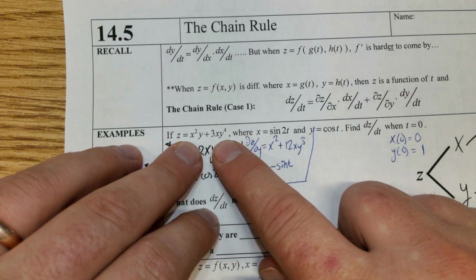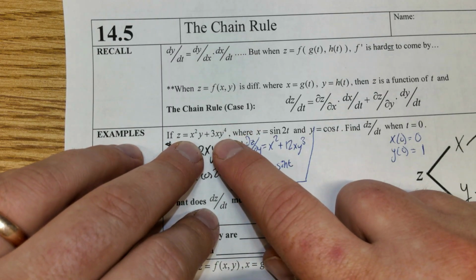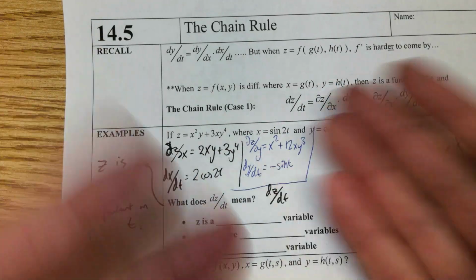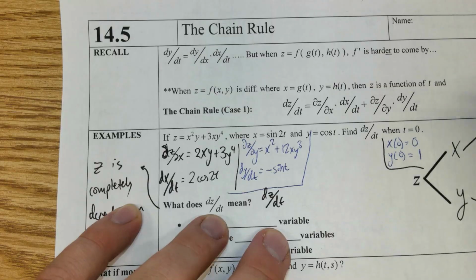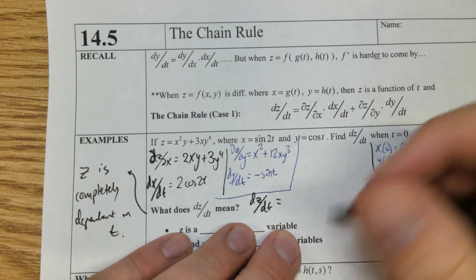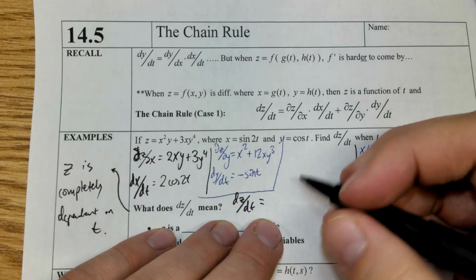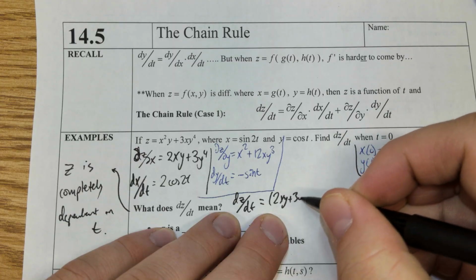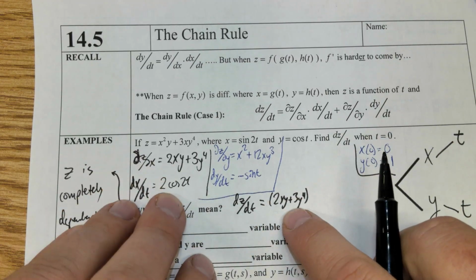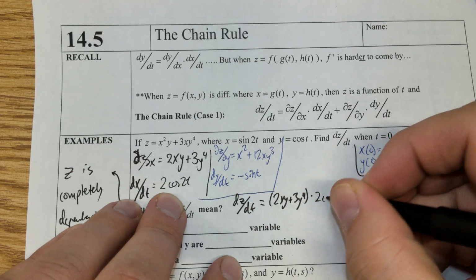So this function of z would only be based in t. And then just take this ugly chain product rule combination to get me to what dz dt is. Again, generally when I do this, I'm going to start it looking like this: 2xy plus 3y to the fourth, and then I'm going to multiply by 2 cos 2t.